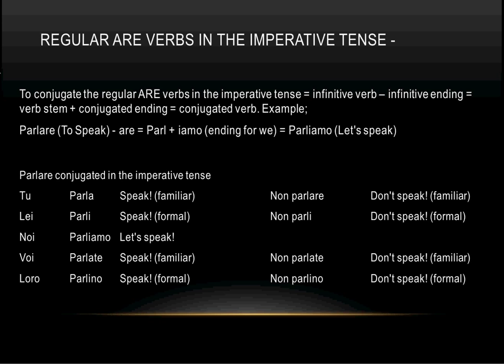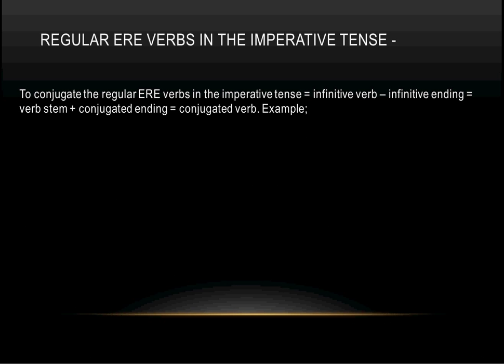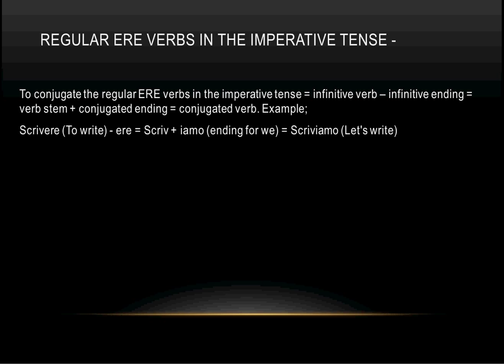Okay, so for the second conjugation, or ERE verbs, it's the infinitive verb minus the infinitive ending equals the verb stem plus the conjugated ending and the conjugated verb. Example, scrivere, to write, minus ere equals scriv plus iamo, ending for we, scriviamo, let's write.